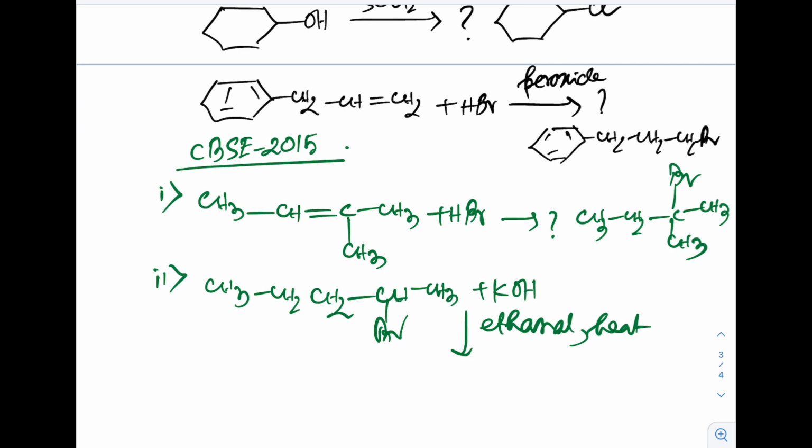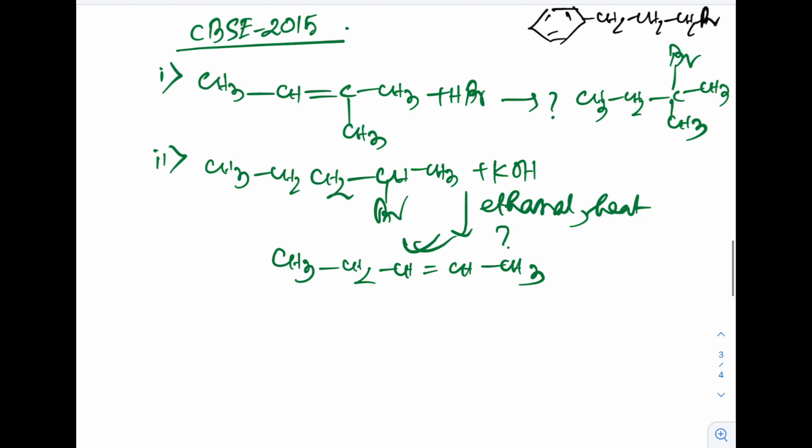Ethanolic KOH when it reacts with alkyl halide of course goes via elimination reaction to give the Saytzeff product as major product, meaning the alkene which has a higher number of hyperconjugative hydrogen atoms will be the major product. So this will be the major product here. This is done.